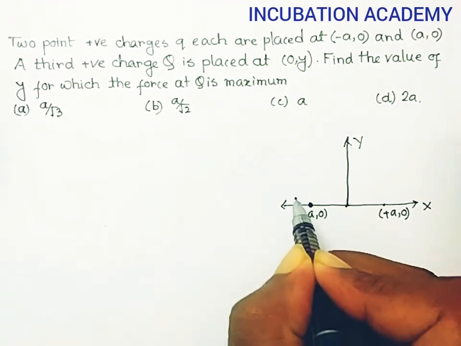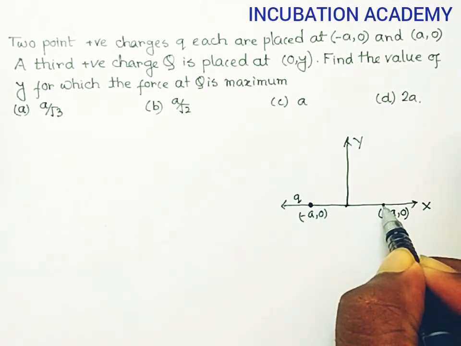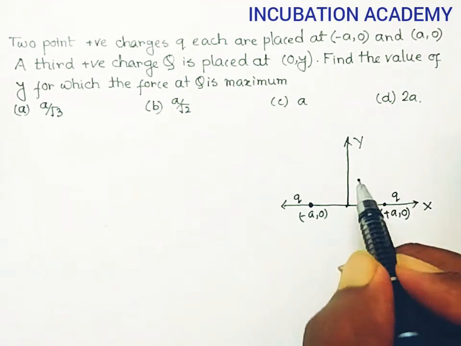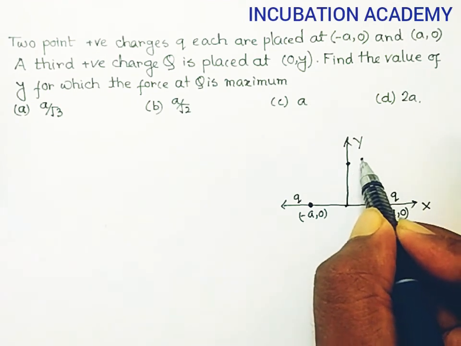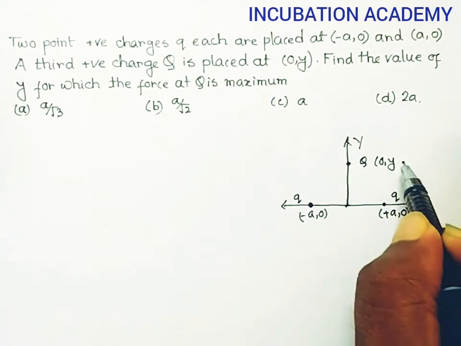Here this charge small q is placed, plus q, and here another charge plus q is placed. The third charge, capital Q, is placed at this coordinate. Its coordinate is (0, y).